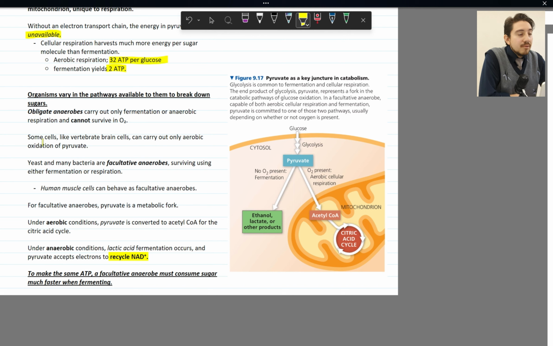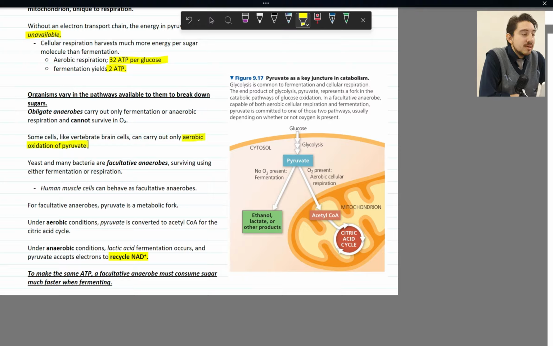You have organisms that are referred to as obligate anaerobes that carry out only fermentation or anaerobic respiration. Okay? So there's no use of oxygen, and actually they cannot survive in an oxygen medium. Okay, they will die.